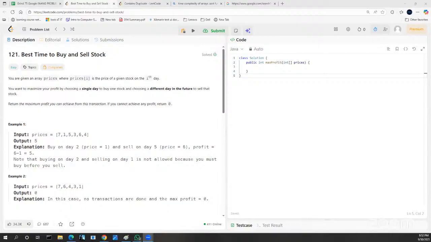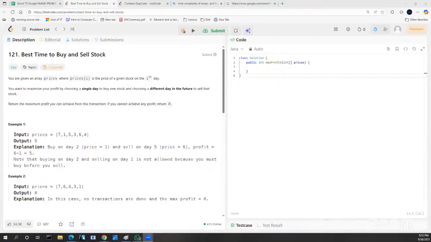Sir, I think because we cannot predict the future values, we just compare the current value with the next value. For example, if in the array I buy the stock at 7, the upcoming values are hidden from me. So I will just match the current value with the next value.